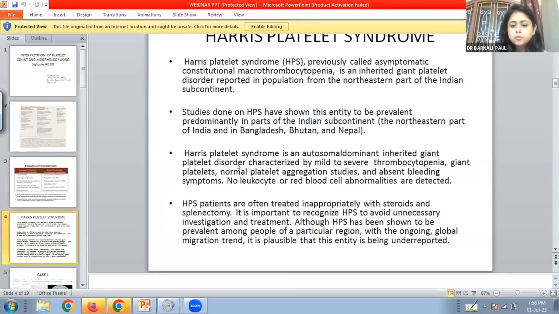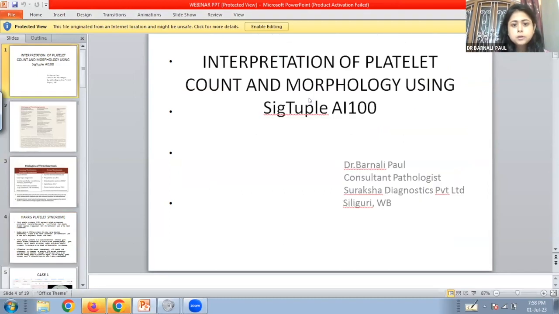In order to avoid unnecessary investigation and treatment, we should know that whenever we come across a case of thrombocytopenia with giant platelets, we can take a clinical history regarding the origin of the patient, and then we can come to an inference that the patient may be a case of Harris platelet syndrome. So I'll just quickly move on to the cases.